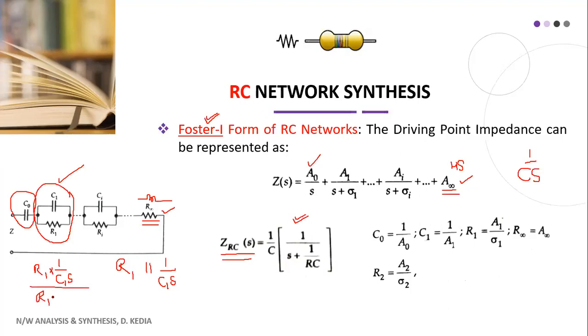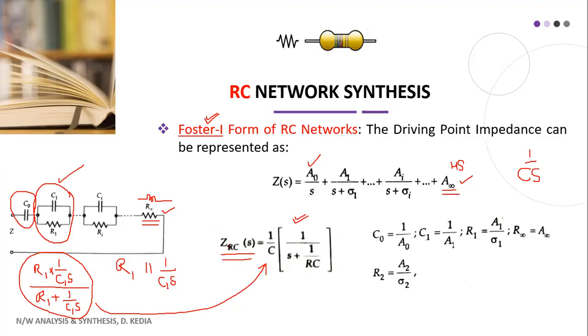The way we obtain the parallel combination of resistances, the same thing we have applied here after applying Laplace transform. If you solve this, you will get this. This has been specially represented in this form so that we are able to correlate this representation with the partial fraction approach.